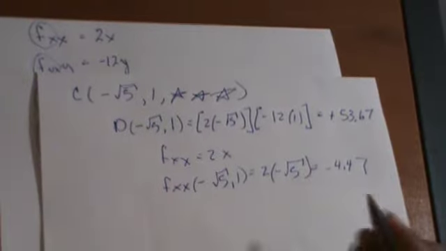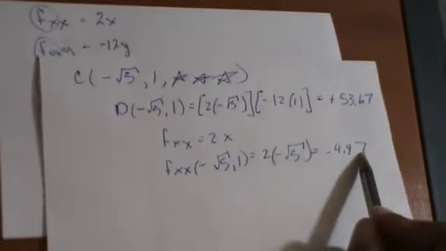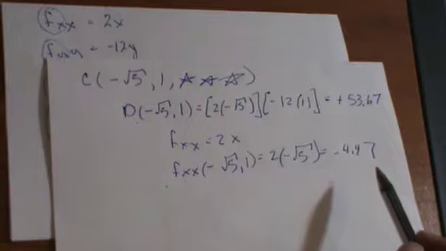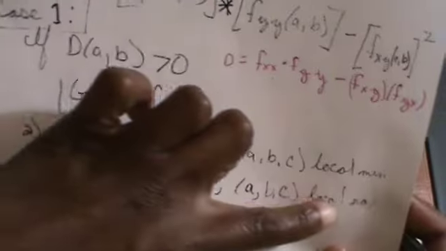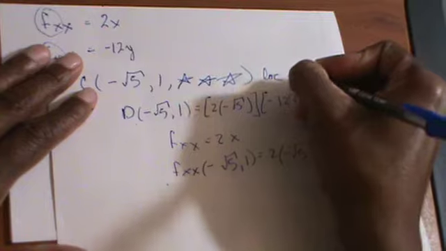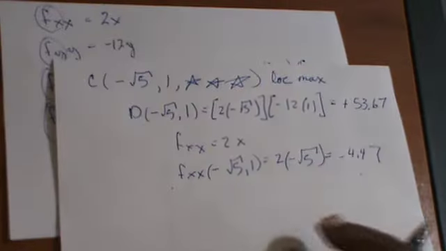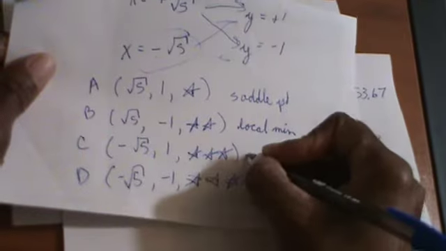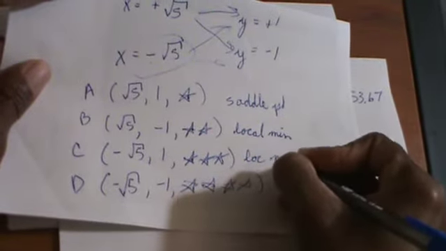So let me think about that. The D is positive, but the fxx is negative. So according to your rules, if D is positive and fxx is negative, you're looking at a local maximum. So this is a local max. Let us go back to our list so that we can classify that one. So this one right here is a local max.